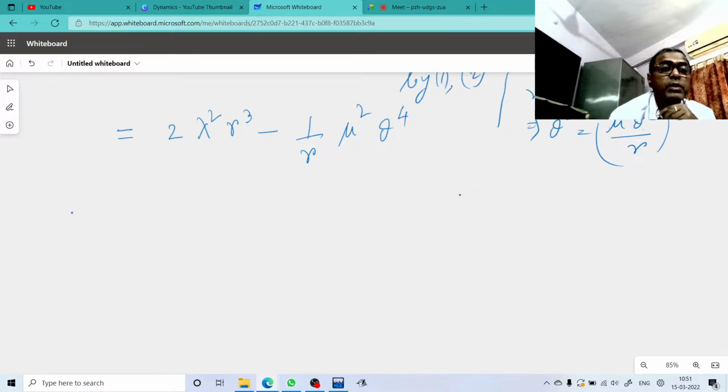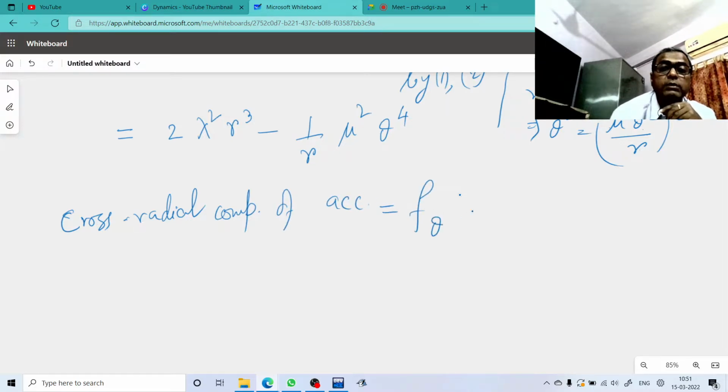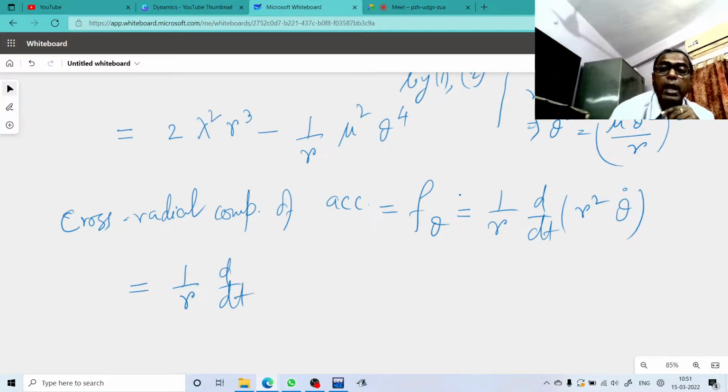So the cross radial component of acceleration, say f theta, equals 1 by r d/dt of r square theta dot. Theta dot from 2 is mu theta square by r.